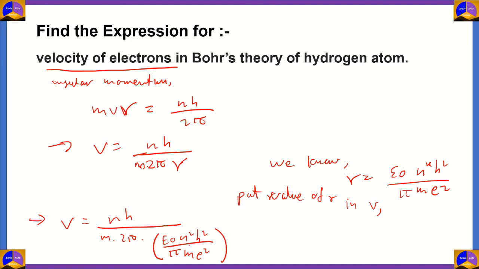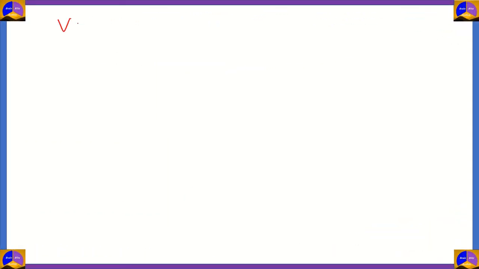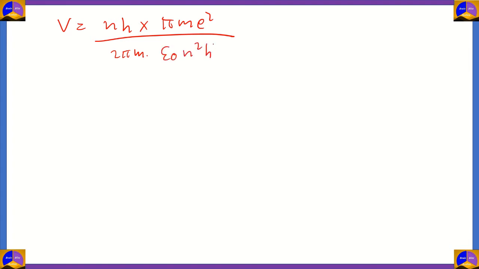So in order to further go on with this derivation, what we're going to do is take the denominator pi m e square to the numerator, because you have 1 by pi m e square, which is the reverse of, which is just the same as pi m e square. So velocity is nh into pi m e square, that's the numerator, and the denominator is 2 pi m times epsilon naught n square h square.